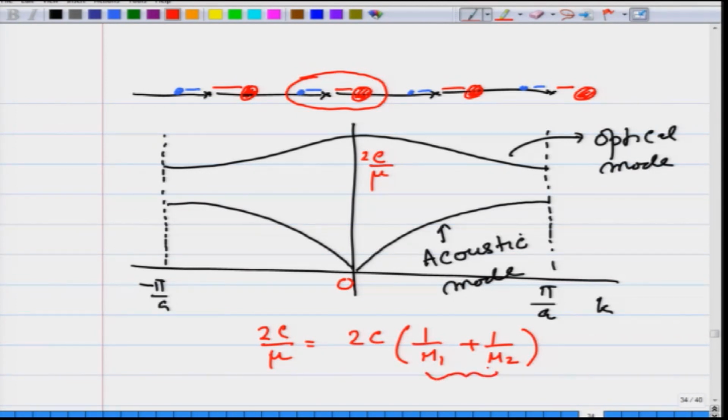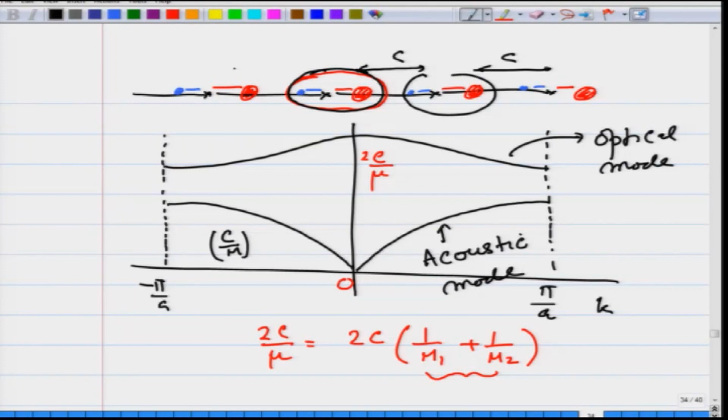That is why the reduced mass is coming, and c is the strength of this interaction between the atoms, whereas the acoustic mode carries c over m, and then it is as if this whole molecule is acting like one system, and they are connected with this c interaction strength, and this whole molecule is vibrating like a single unit. So, optical mode is where the constituents of the basis vibrate against each other mainly, and in acoustic mode is where this whole thing vibrates as a unit.